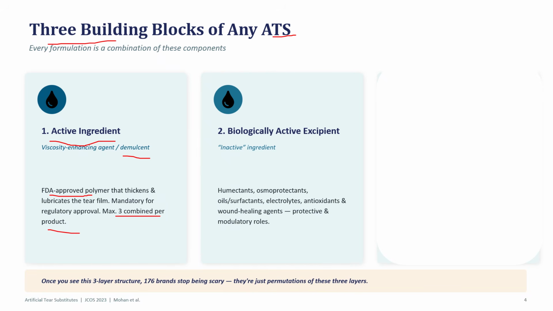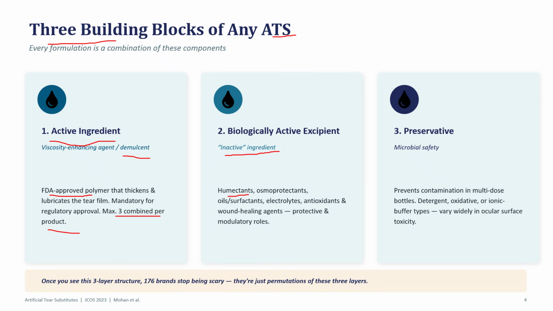Second component is an inactive ingredient, but this is the one which is going to tackle all the different pathologies of dry eye. So here you have humectants, osmoprotectants, oils, surfactants, electrolytes, and antioxidants, which have protective and modulatory roles. Next comes the preservative.